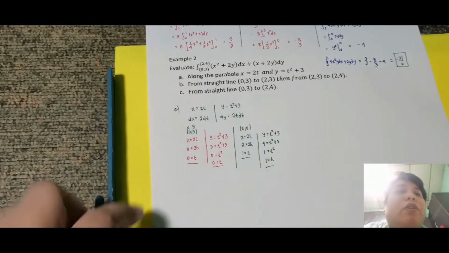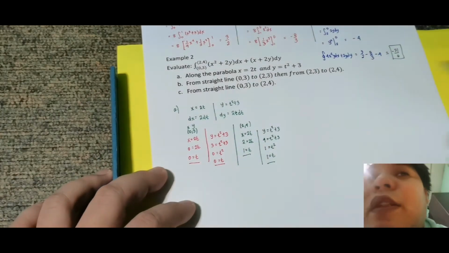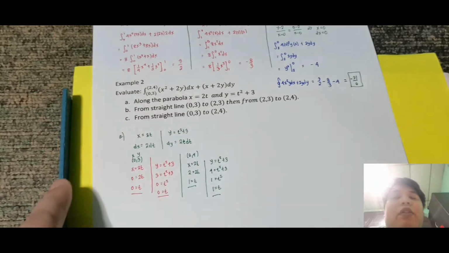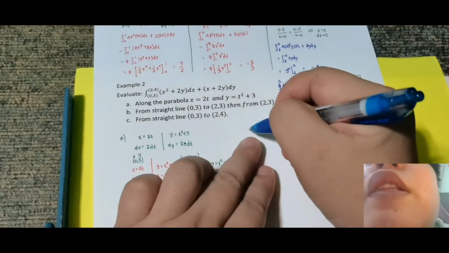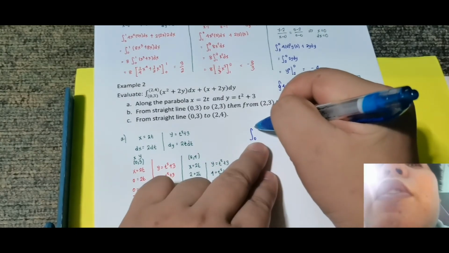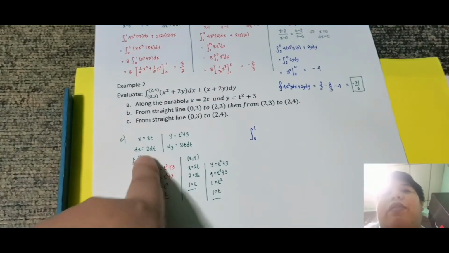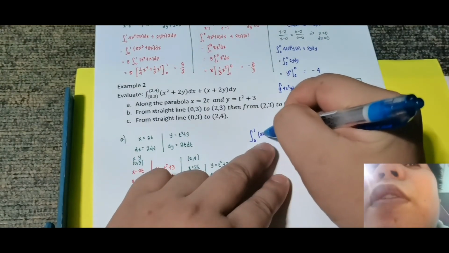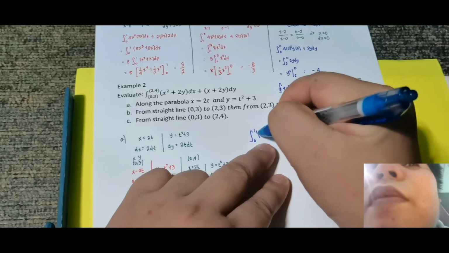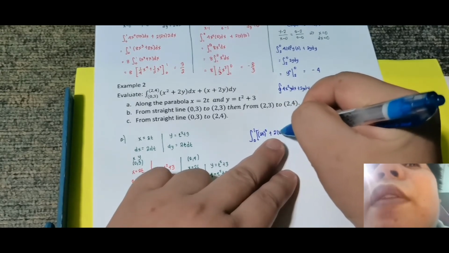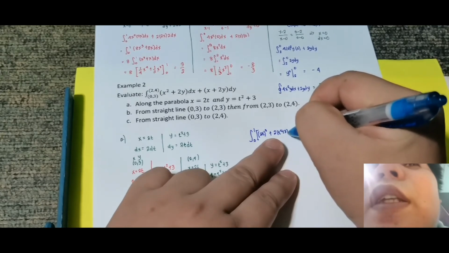Okay, so we are ready to build the integral. So this is the integral from 0 to 1. That's the first substitution. Then I replace x squared with 2t, so this is (2t) squared, then plus 2y, where y is replaced with t squared plus 3.